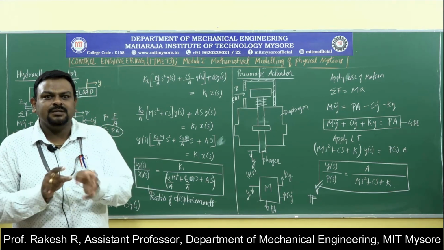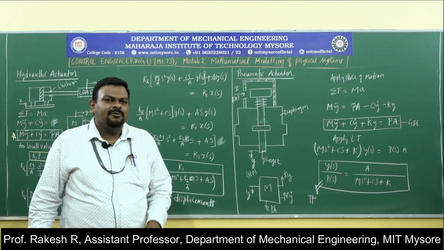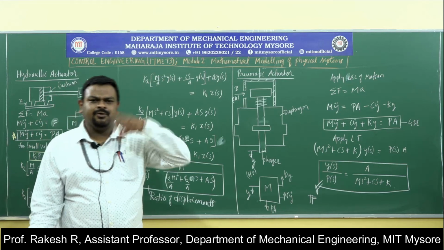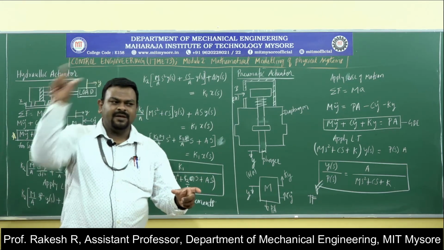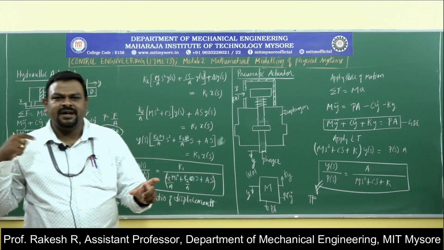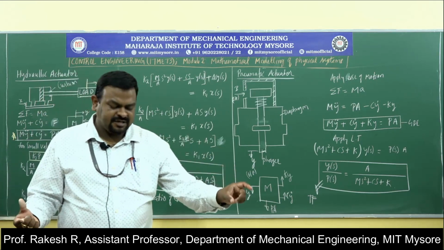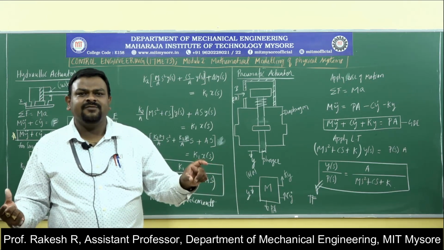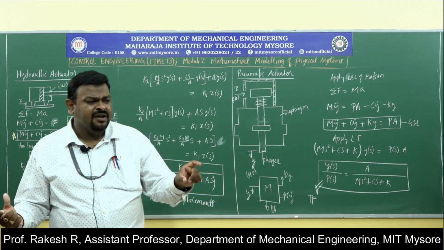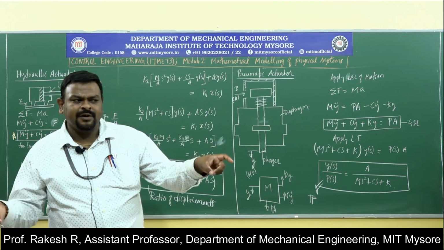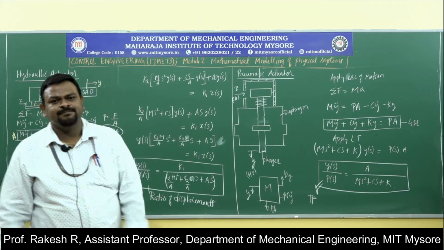So that means analogous systems we have used. We are transforming mechanical system to electrical system and back to mechanical system. If you represent a mechanical system as an electrical system, it is an equivalent electrical network, it is an analogy, electrical analogy. If you represent an electrical system with a mechanical one, it is an inverse analogy, ulta.